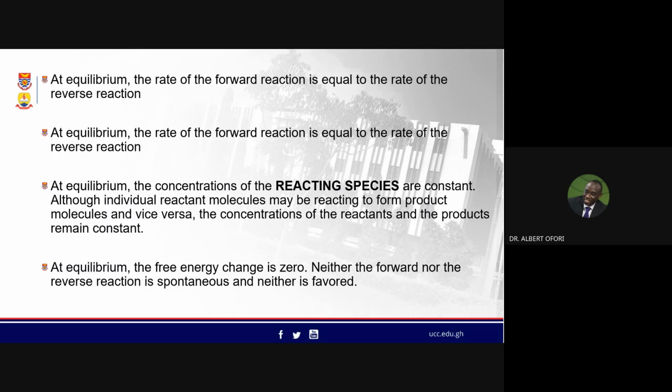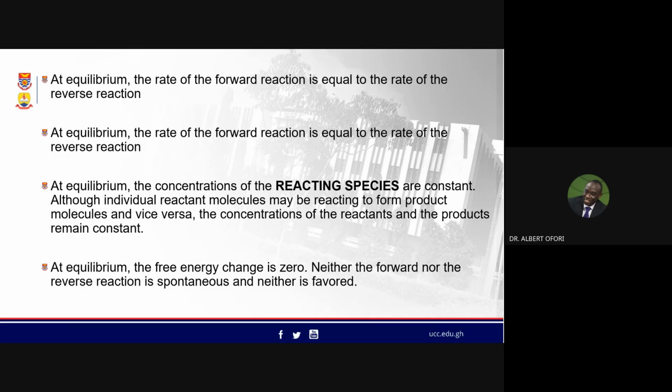Another thing we should note is that when equilibrium is established in any chemical reaction, the concentration of the reactant is not changing; it becomes constant, as is the concentration of the product, which is also not changing.